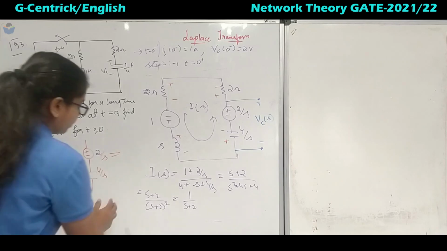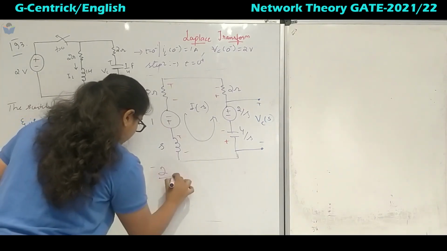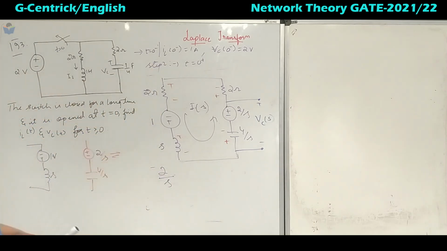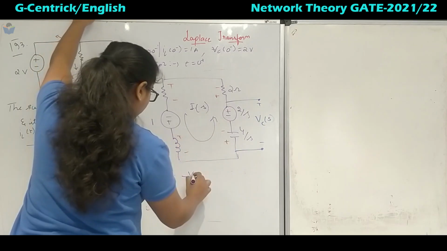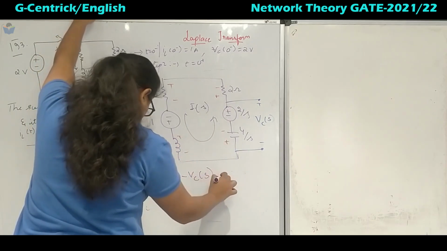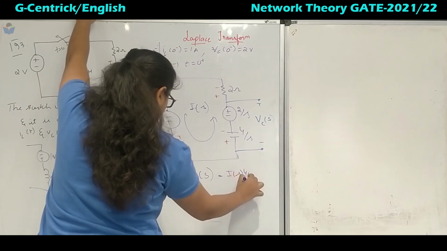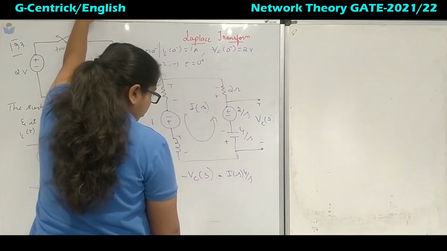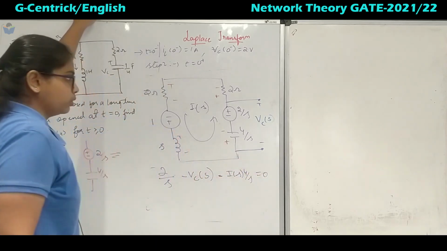So it will be nothing but, I'll rub this one, 2 over S minus Vc of S, then you have I of S into 4S. This is the equation which will be equal to 0.